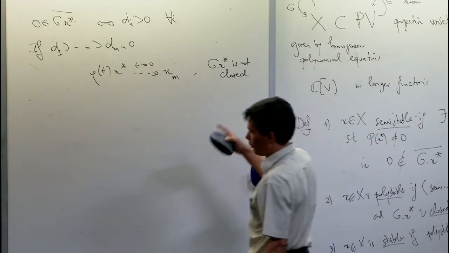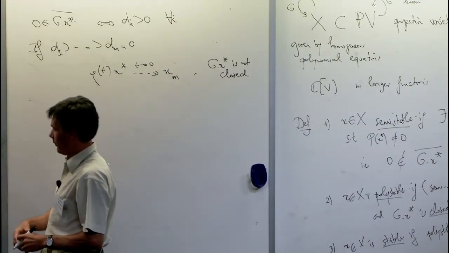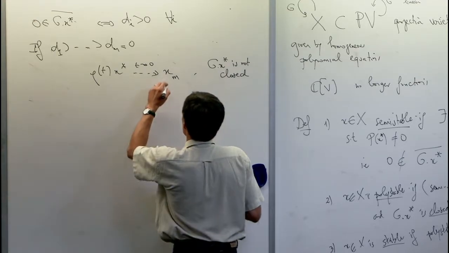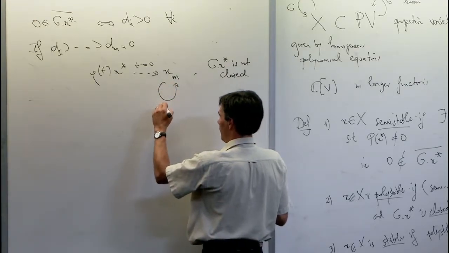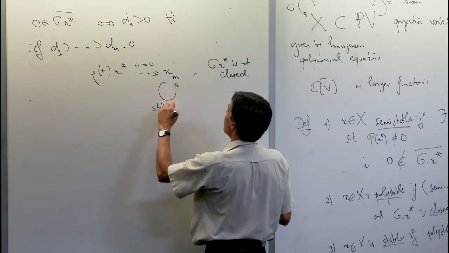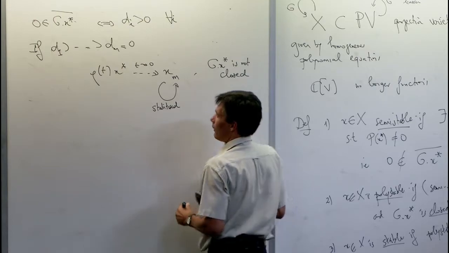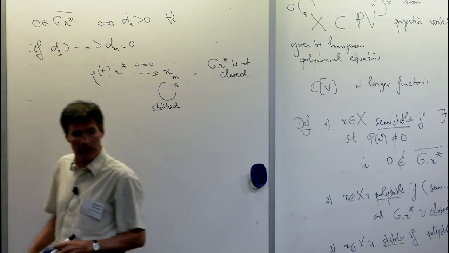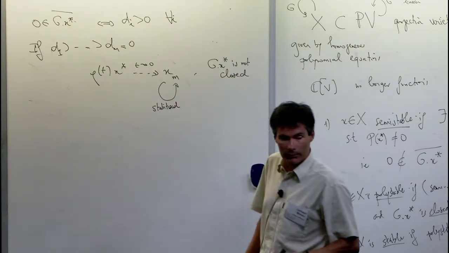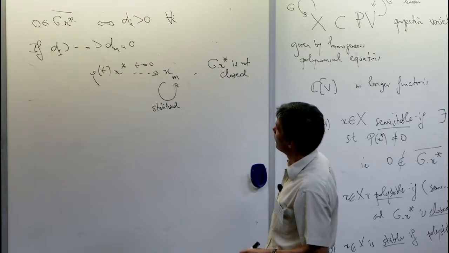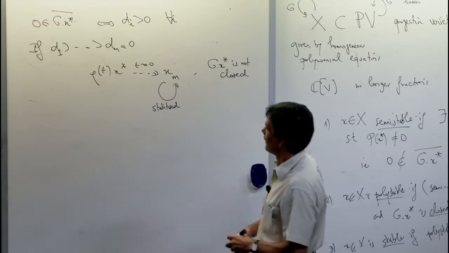Then you can say a little more, because x_m is a limit point of the orbit. If all the d_i are strictly negative, then 0 is also in the closure. If all the d_i are negative, sure.